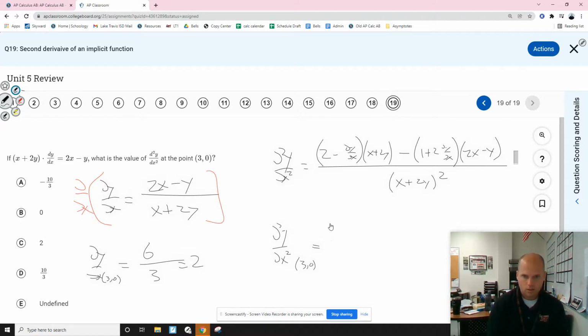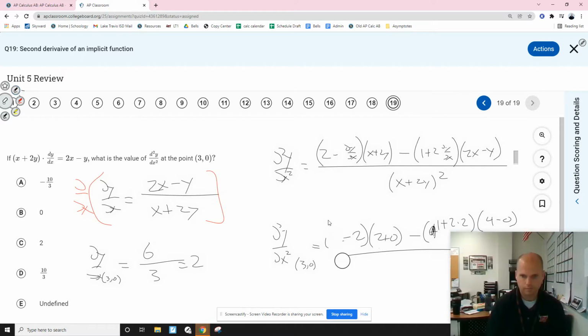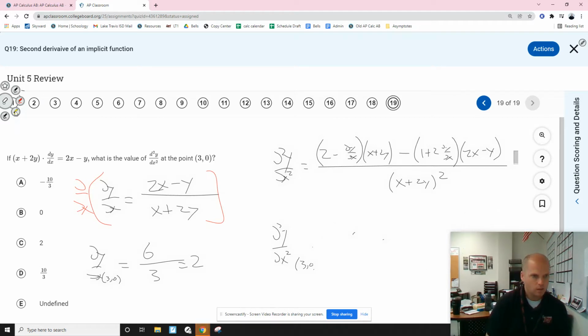Okay. 2 minus 2. That's nice. So that's 0. Minus 1 plus 2 times 2. 4 minus 0 over... Oh, what am I? Start over. This is like the quintessential example of plugging in. Sometimes we mess up. dy/dx is 2.